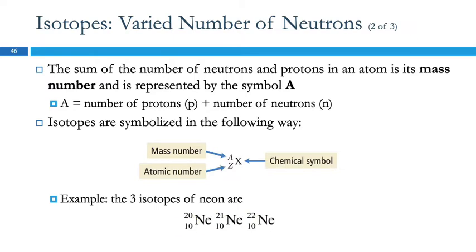The number of neutrons is not shown in the symbol, but it's stacked up so that if you subtract, you get the number of neutrons. So 21 minus 10 is 11, and 22 minus 10 is 12. The bigger number is on top, the smaller number is on bottom, and if you want to know how many neutrons, you subtract.